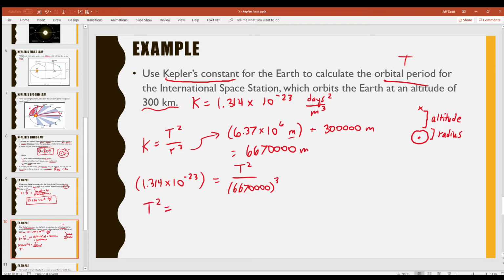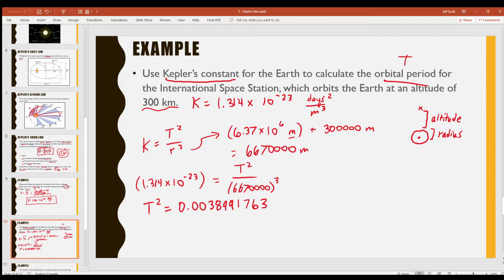T squared equals 1.314 times 10 to the negative 23 times 6,670,000 to the power 3. This gives me 0.0038991763. I kept as many decimals here as possible because I want my answer to be as exact as possible before we get to our final answer.